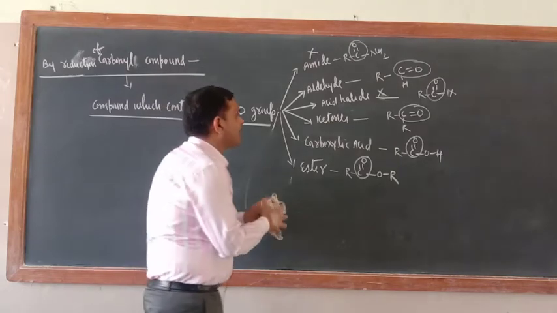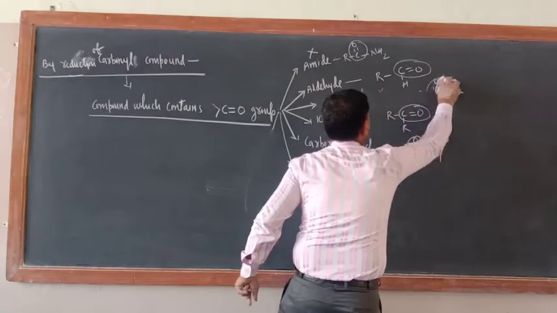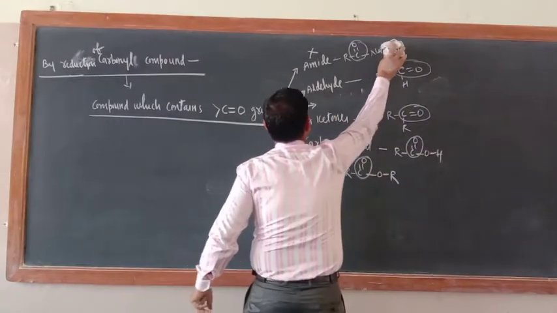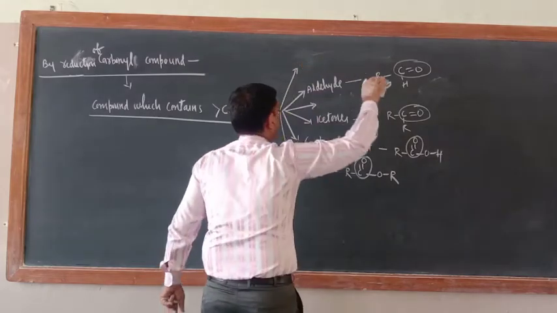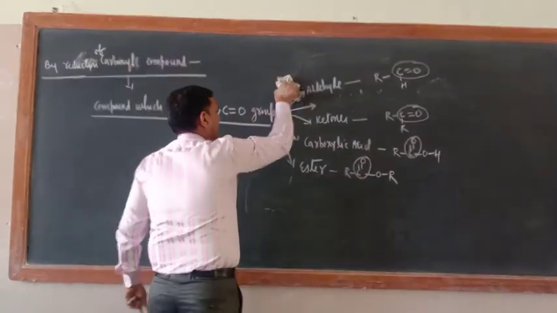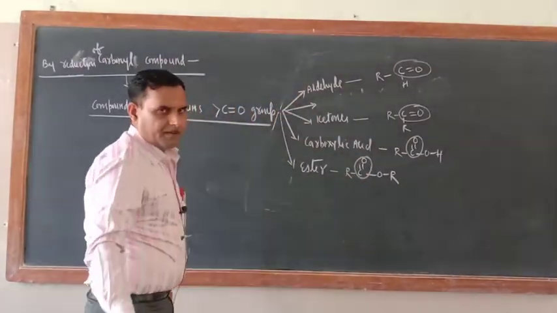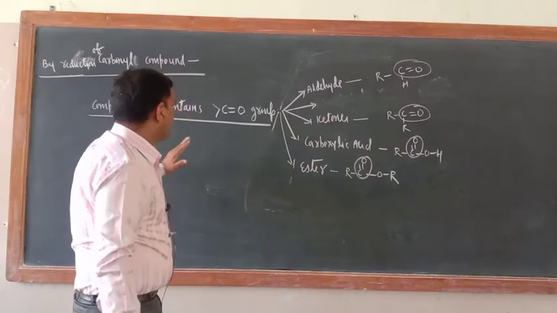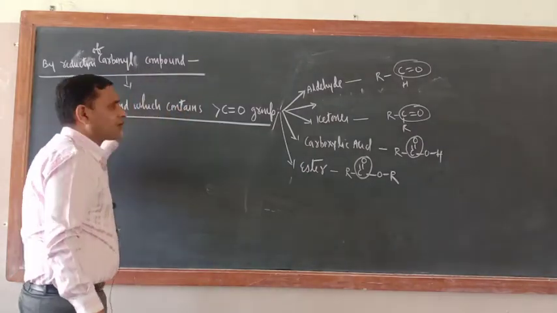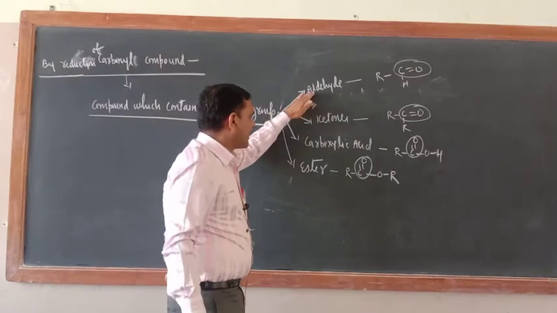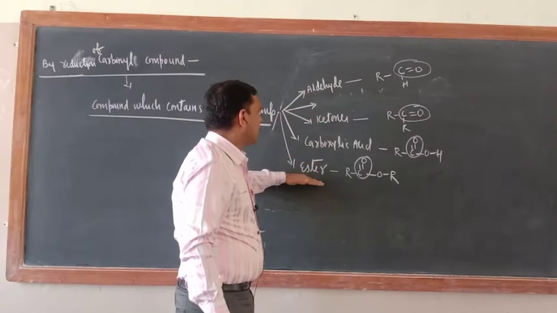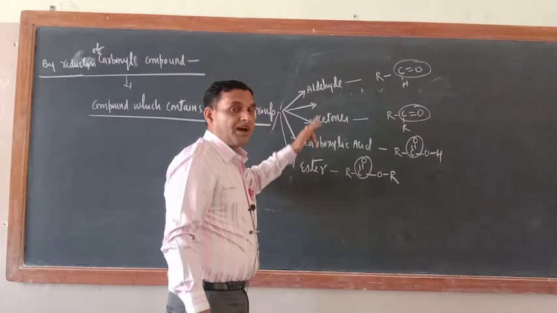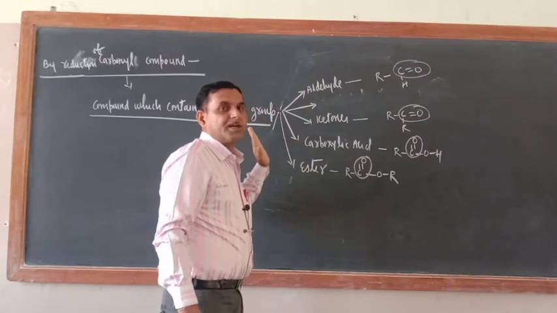They do not require this, this, or this. So with the help of aldehyde, ketone, carboxylic acid, and ester, we can prepare alcohol, by reduction of these compounds.